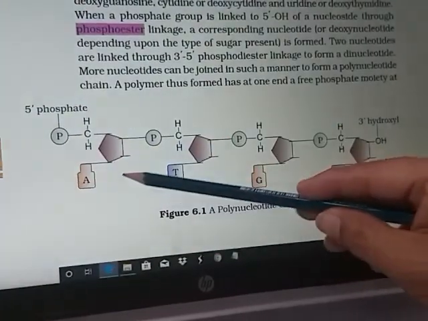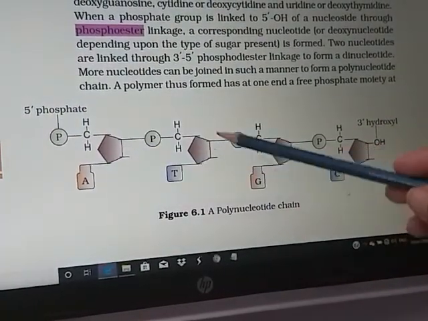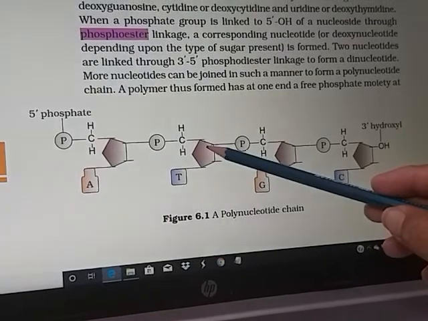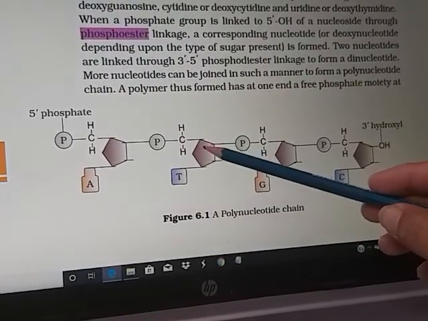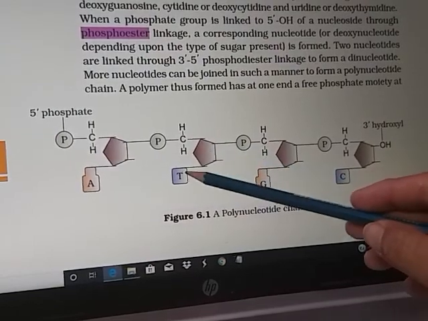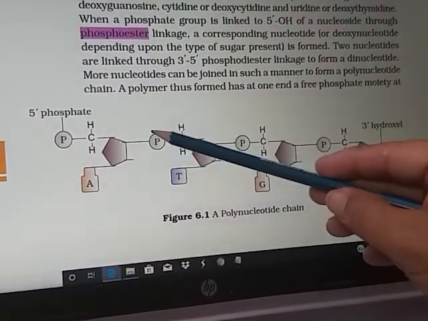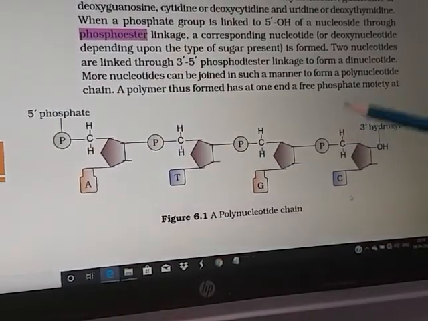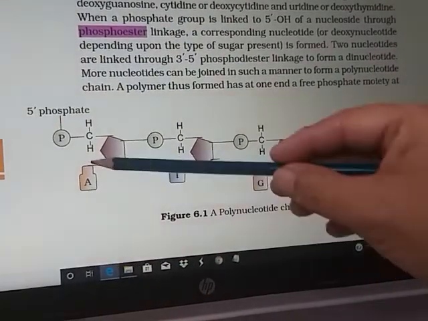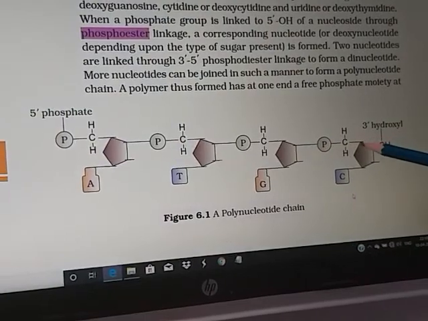Up till here is one nucleotide. This is the second nucleotide with sugar, that is the deoxyribose sugar, nitrogen base, and phosphate. Likewise, this is another nucleotide, another nucleotide. They make a polynucleotide chain.